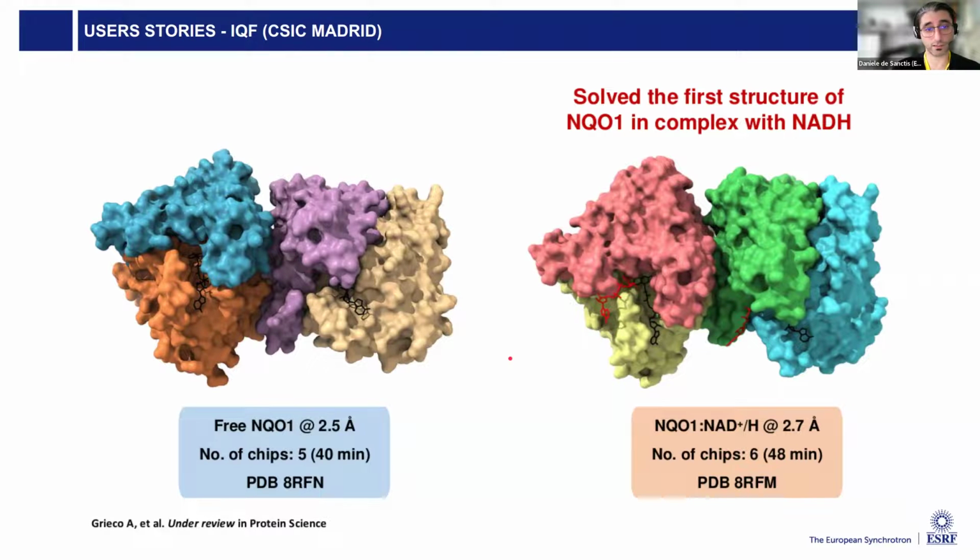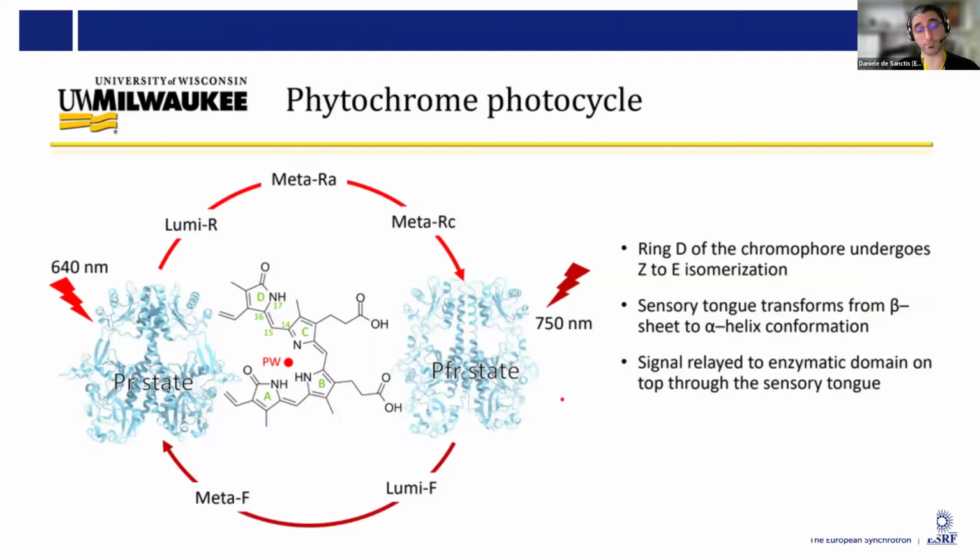The structure determined at room temperature also revealed some cooperative, anti-cooperative mechanism between the two active sites of the dimer, and this is, of course, considered a good starting point for future time resolved study.